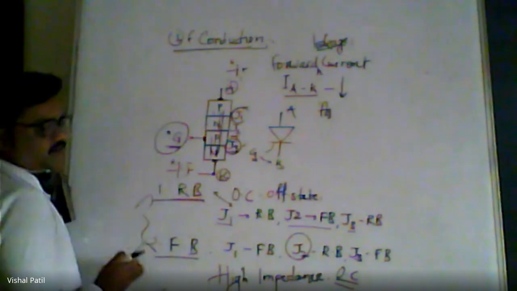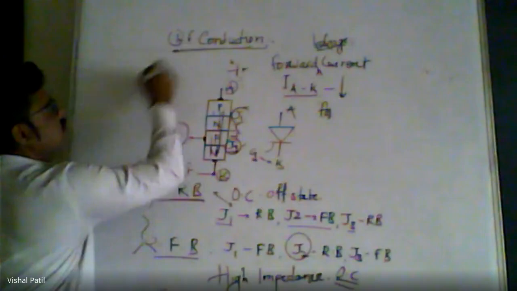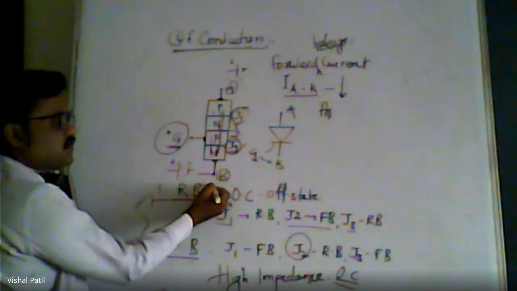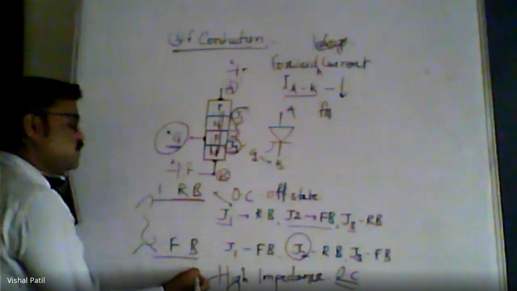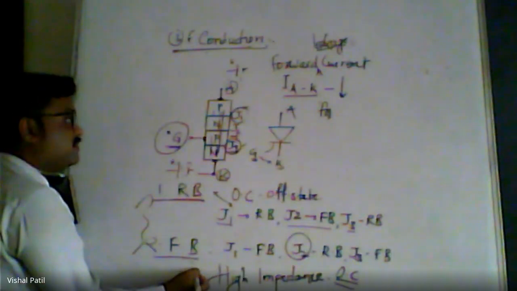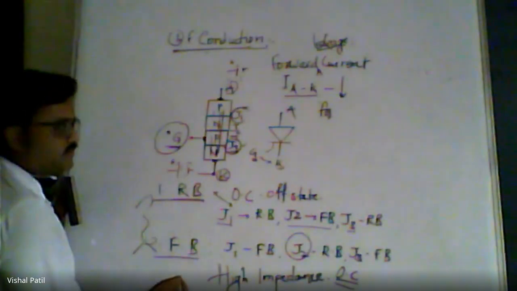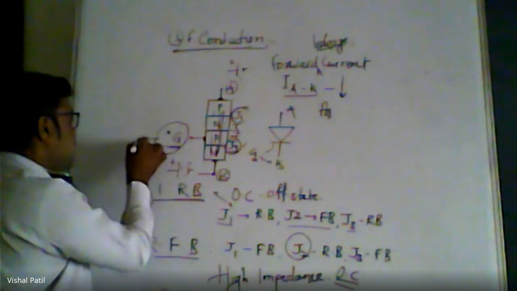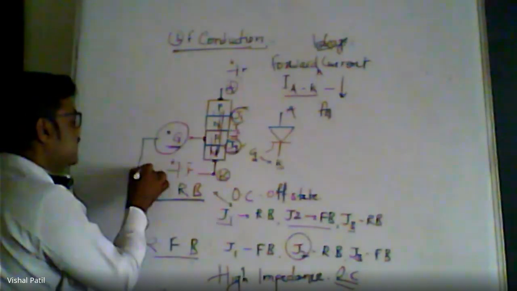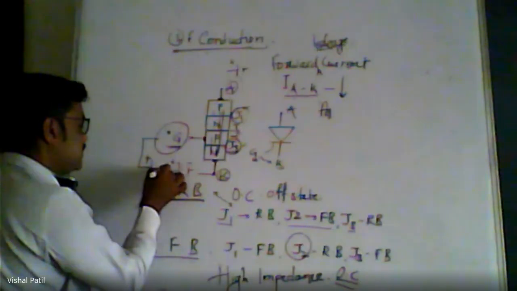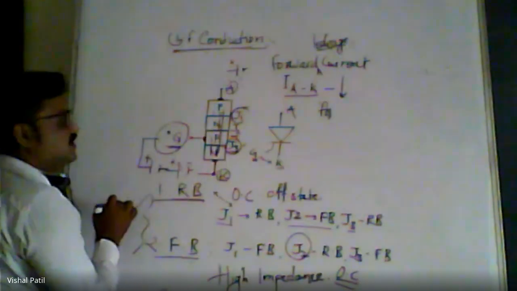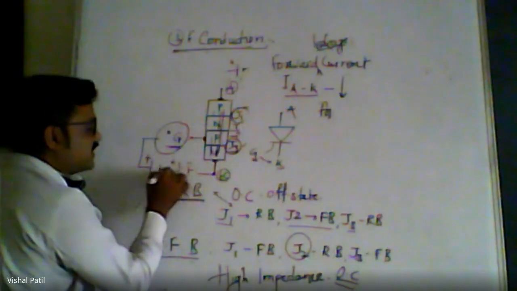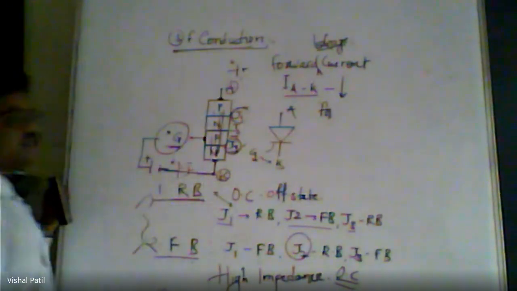Gate is not connected there. But in the third mode, the thyristor is in the forward bias, very similar to the forward blocking mode. But the extra thing we are doing here is connecting the gate, and we are applying a positive voltage to the gate terminal with respect to the cathode.